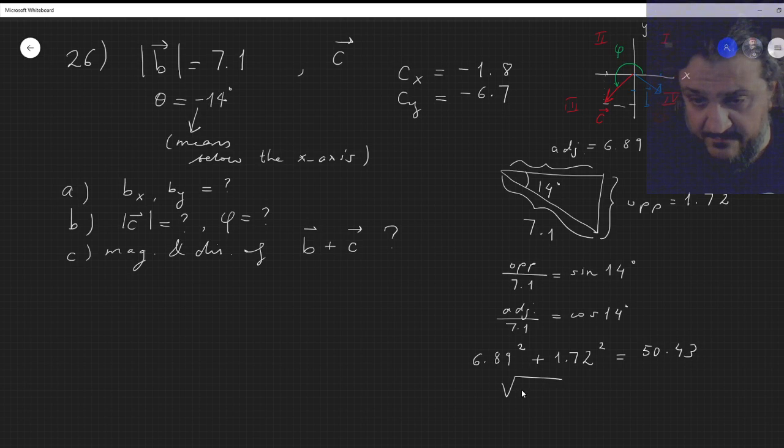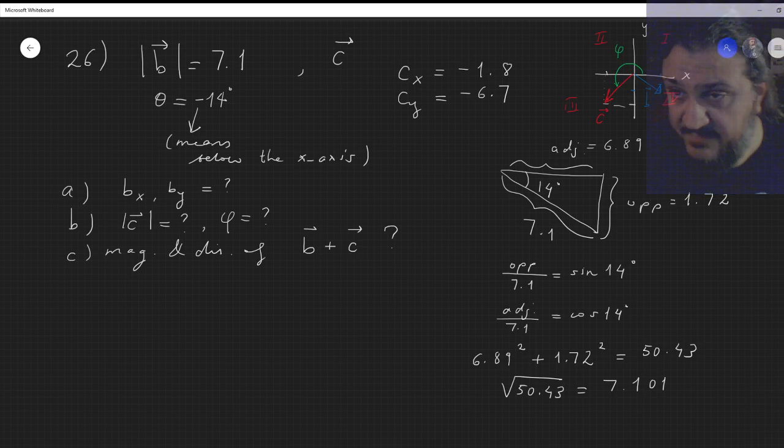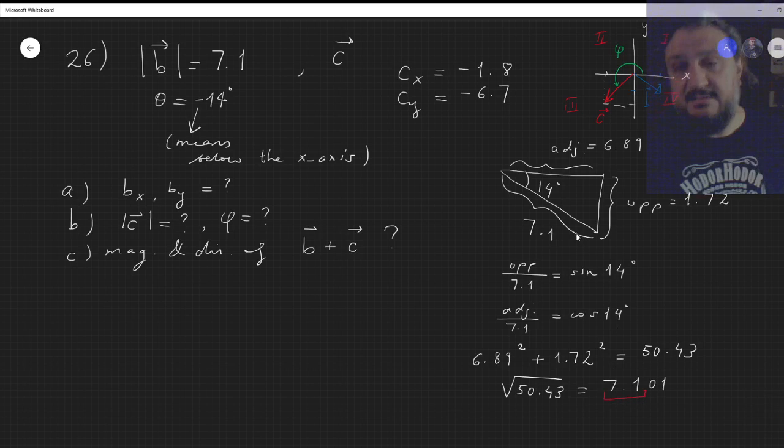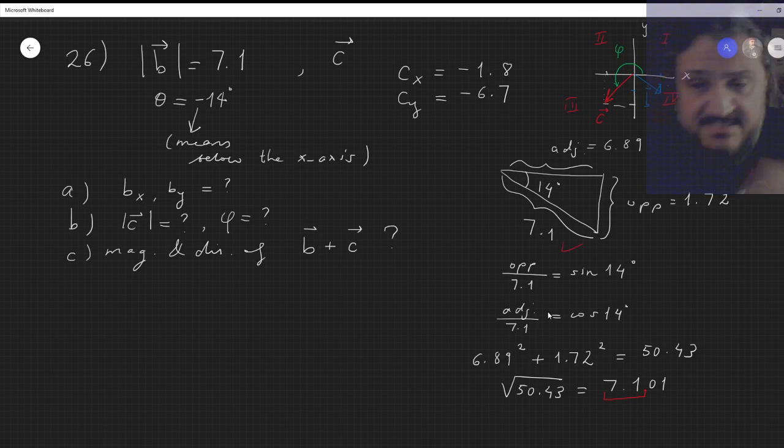Take the square root of this: 7.101. You don't have to fill all the digits. All you need is two significant figures, so you just take these two. And that indeed matches what we started with. So it checks.